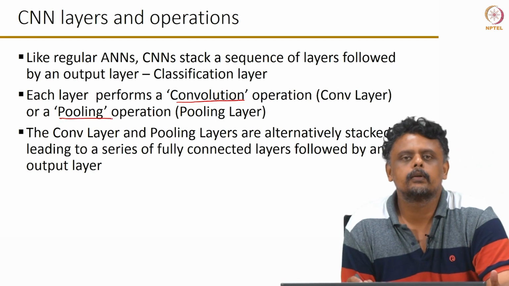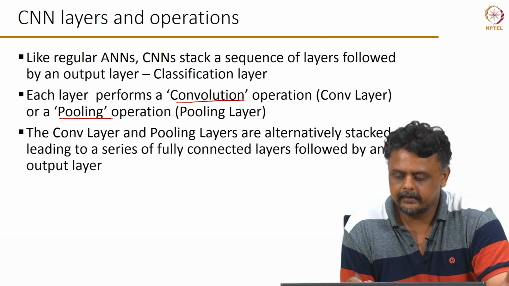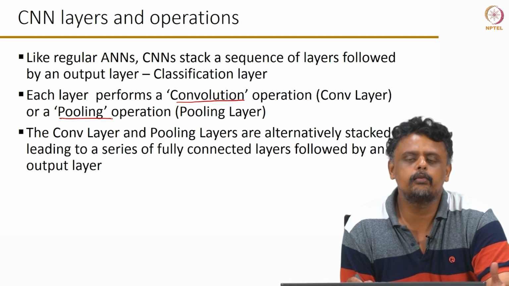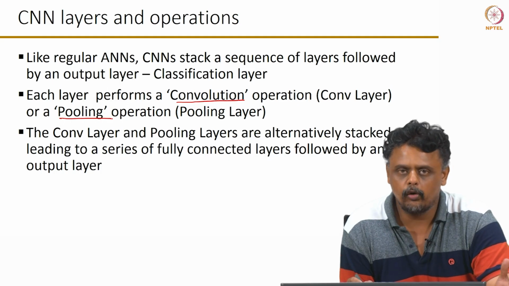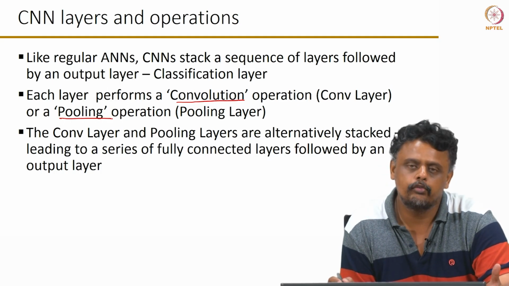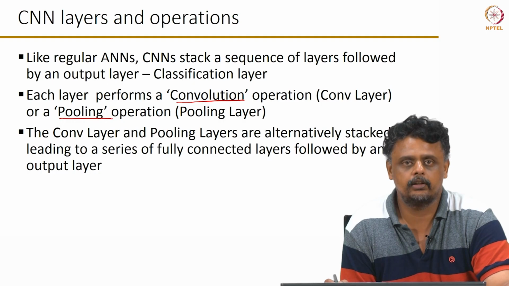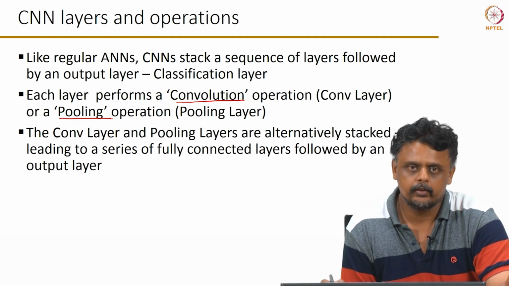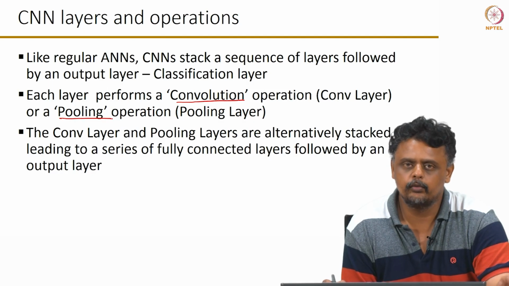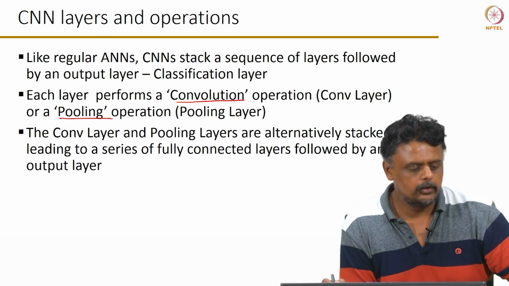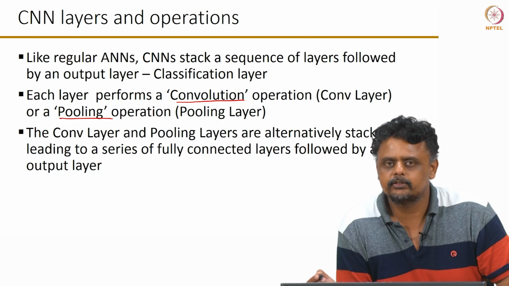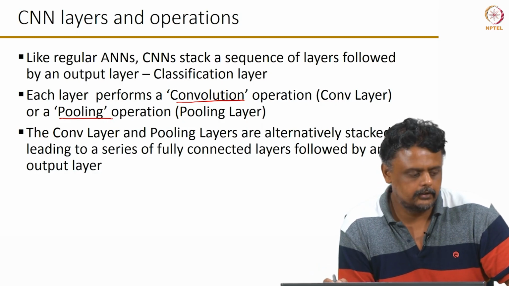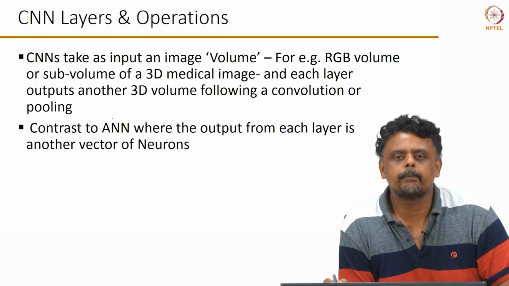We will see what these are in later slides, but it is an alternation of convolution and pooling layers, followed by a series of fully connected layers, just like in an artificial neural network, leading to a classification layer. This is a typical structure of a convolutional neural network. Now, why do we have this kind of structure? What is this convolution doing here? What does convolution accomplish? We will examine that.